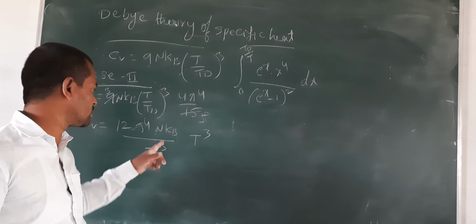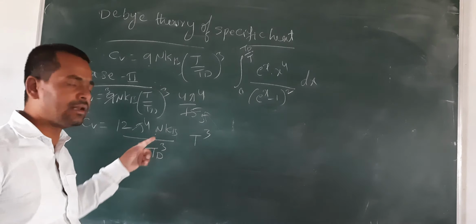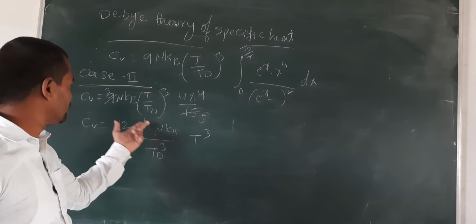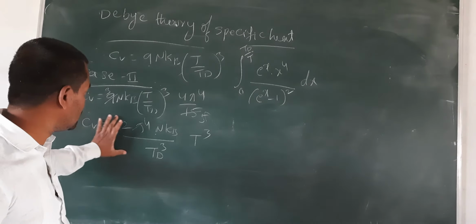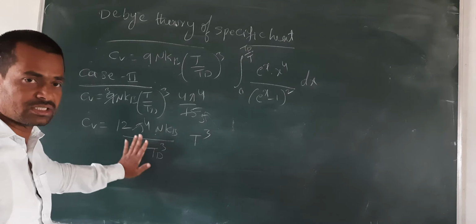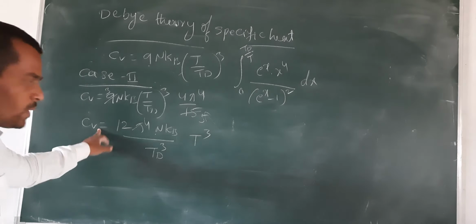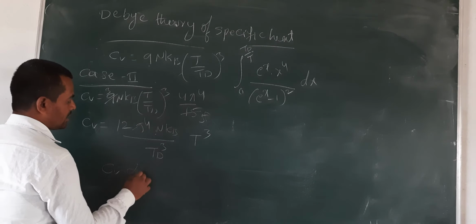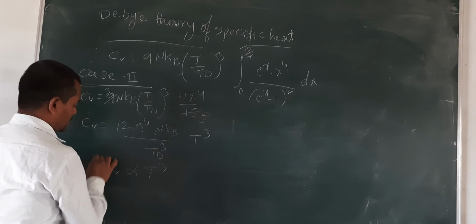Kb everybody knows is a constant, and the number of oscillators cannot change, so it is also constant. So all these things are constant, and we can write in simple form Cv is directly proportional to T cube.